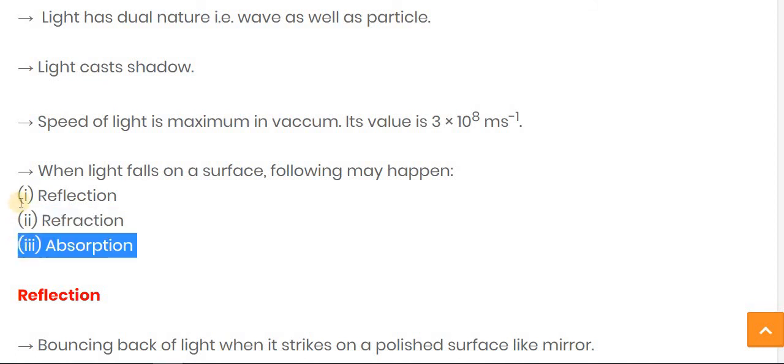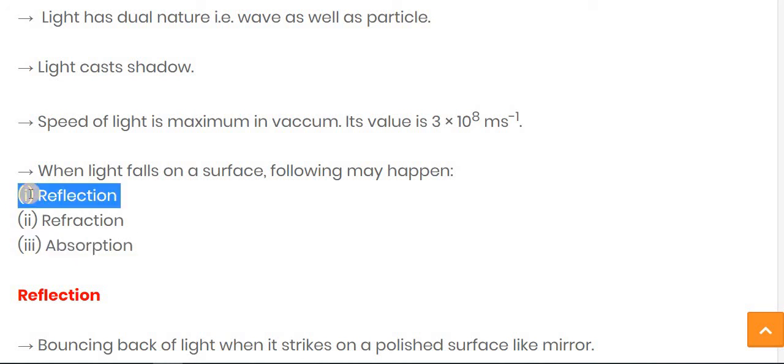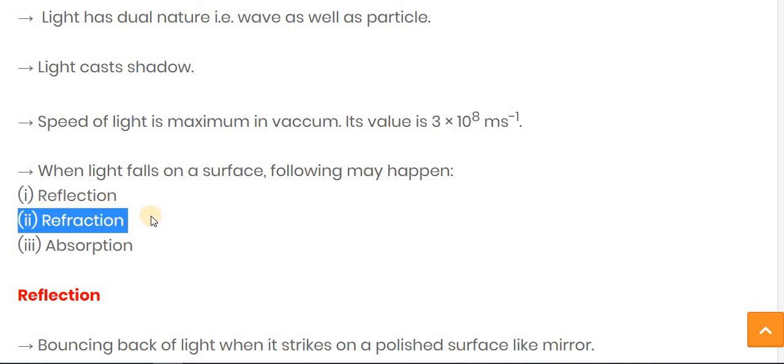Reflection occurs when there is a shiny surface: light falls on that surface and reflects back. Refraction occurs when the surface is transparent, so the light passes into that medium or object.